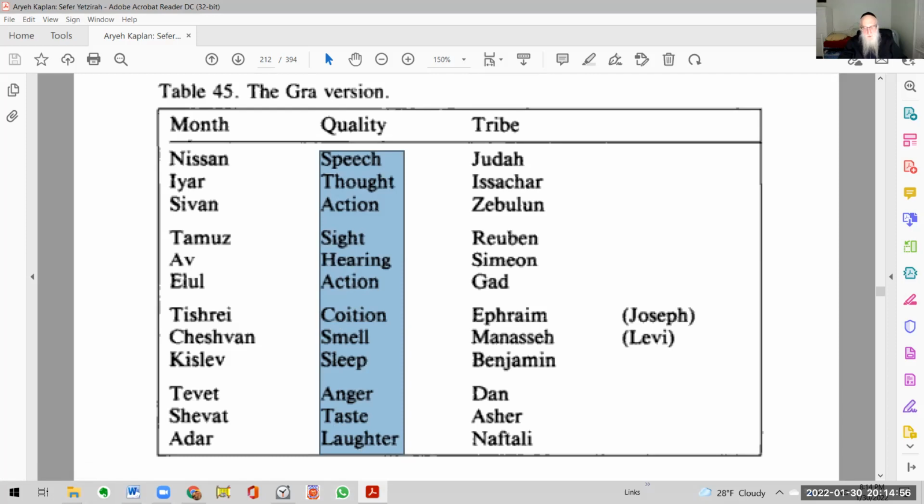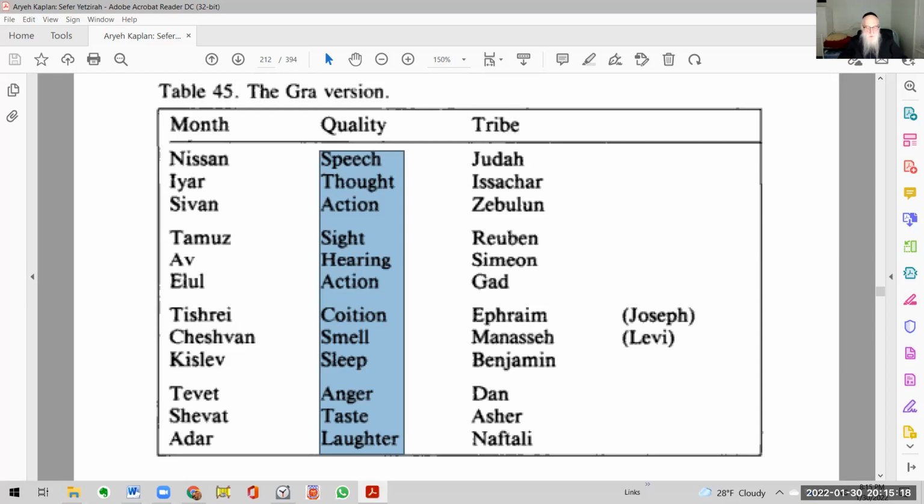Hiluch means progress, literally walking, but the ability to progress from one level to another. All of these ideas that we're talking about are not necessarily faculties of the soul, although they are also faculties of the soul, but much deeper faculties than, let's say, the faculty of speech.